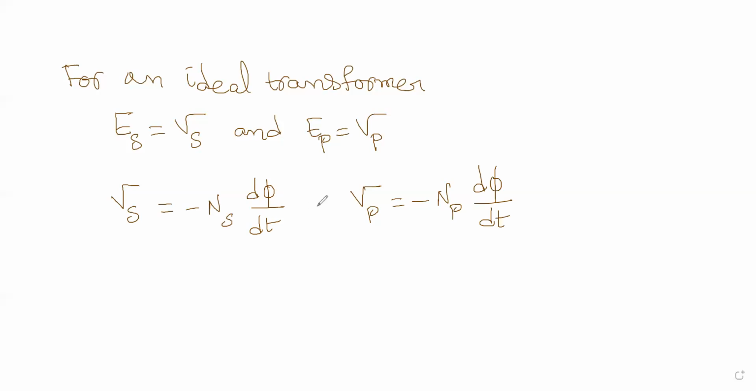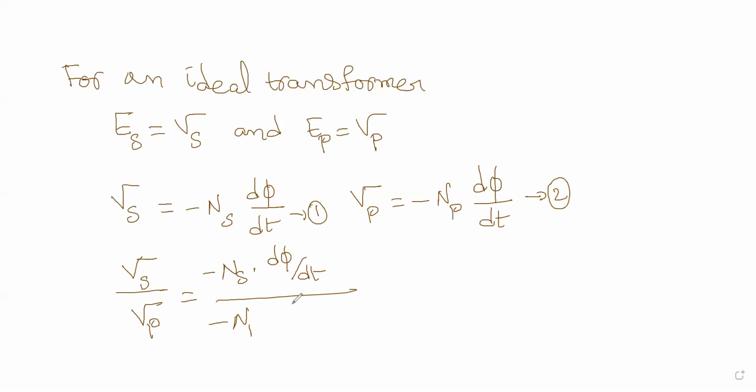Now divide equation 1 and 2. Vs by Vp is equal to negative Ns into d phi by dt divided by minus Np into d phi by dt.